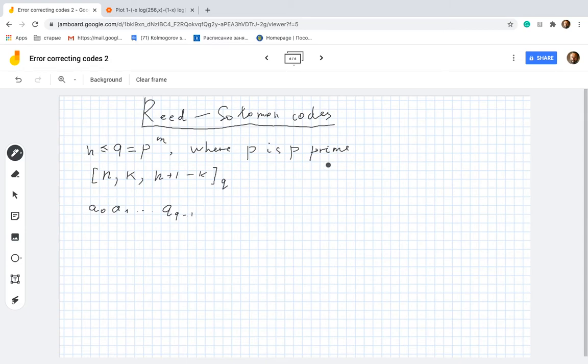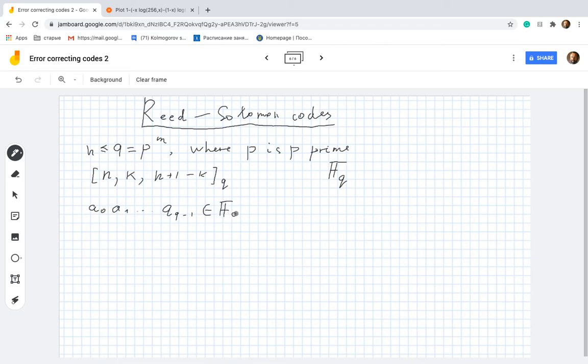And we will consider our alphabet as a field, since for any power of a prime there is a field, actually the unique field that has that many elements. We will assume that our alphabet is a field, F sub q, and the symbols will be considered as elements of that field.